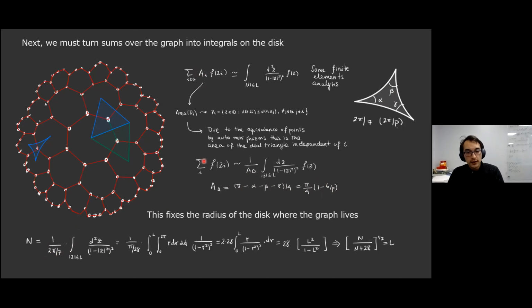Now that we know this, if we fix f to be 1, which on the left-hand side would be just counting the number of points, and we plug that into our formula, we'll be able to determine the size in the Poincare disk that this graph will occupy, and it turns out that it follows this relation with the number of points.